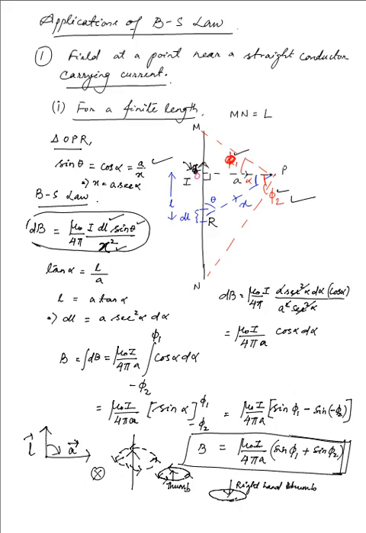On this side it will be into the plane, on this side it will be towards the right, on this side it will be coming out of the plane. So similarly, you can very easily obtain the direction of the magnetic field associated with a current carrying conductor.